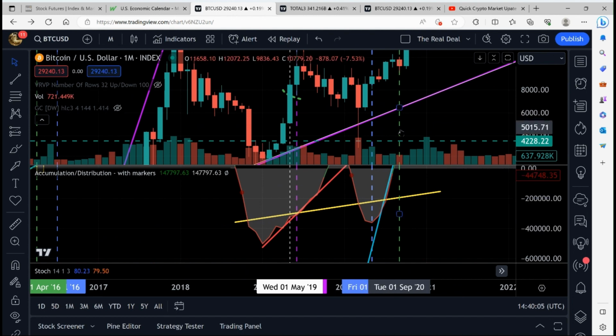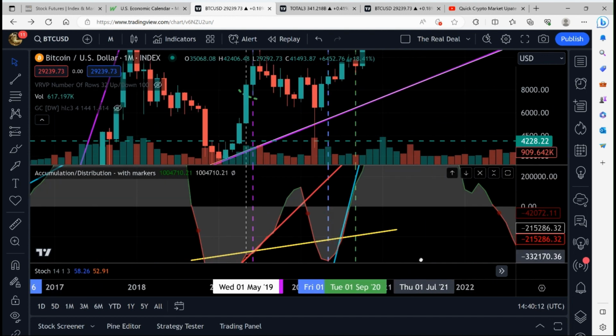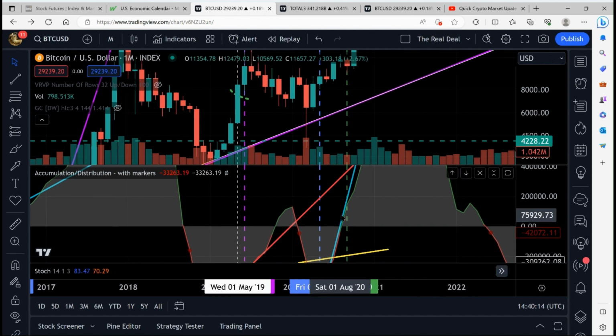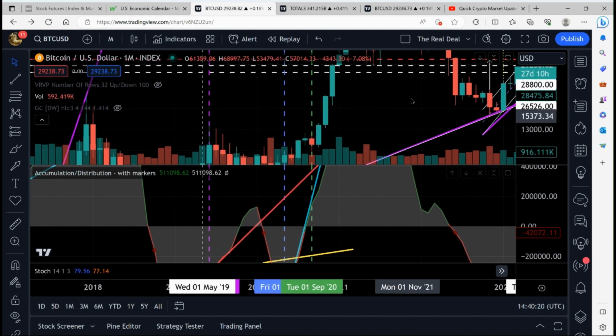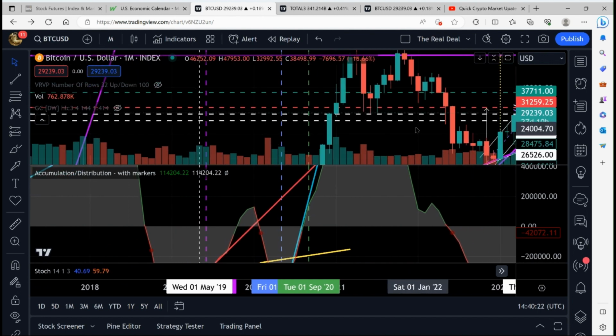And then here, after the green line, the slope of this indicator was very, very steep, and that's when we had our bull run. Price action was supported there for quite many, many months.